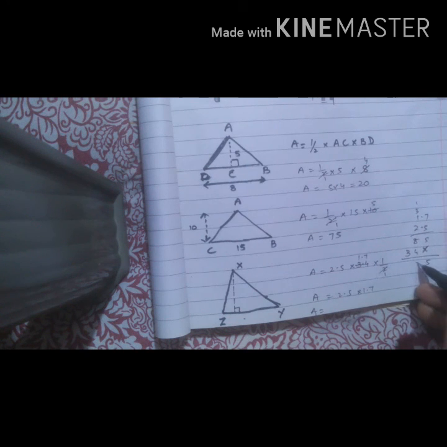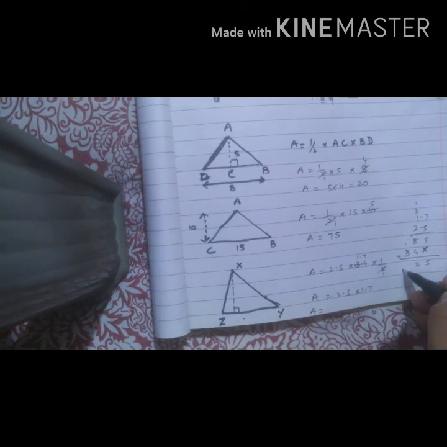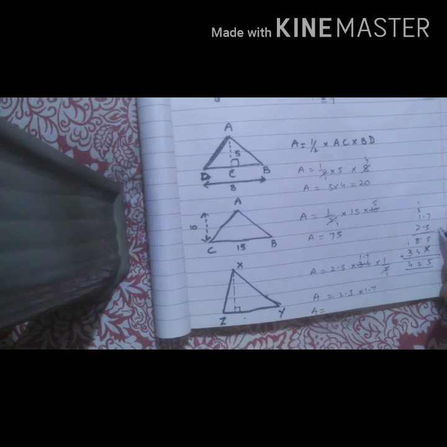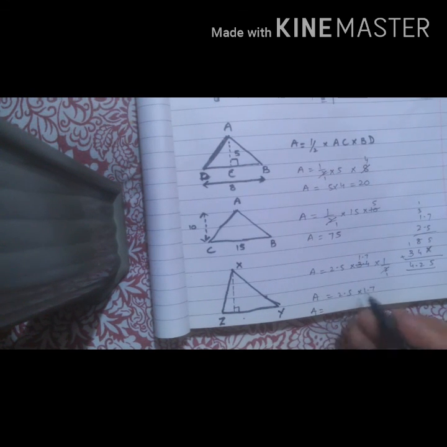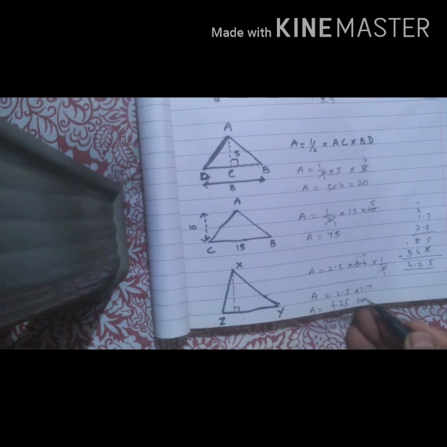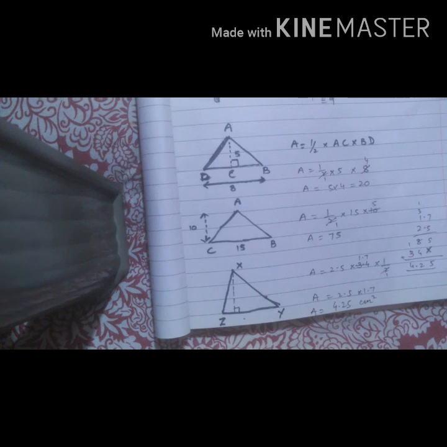So 5, 2, 1 on adding these numbers, we are getting 425. And since we have 1 decimal place in the first value and 1 decimal place in the second value, 2 decimal places will be kept from this side. So this will be 4.25 centimeters square. So we can say that the area of this triangle will be 4.25 centimeters square.